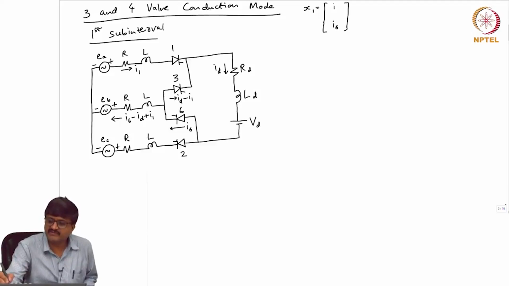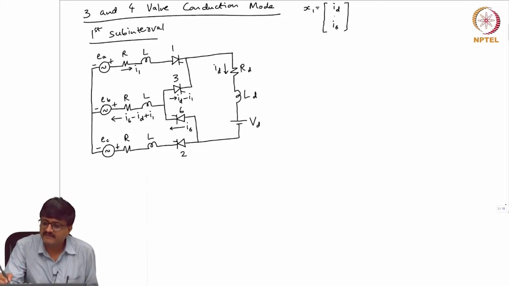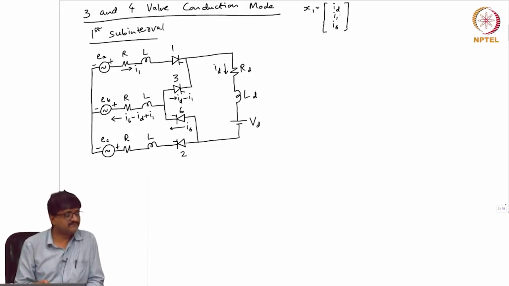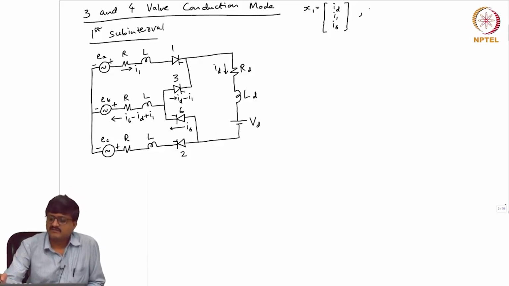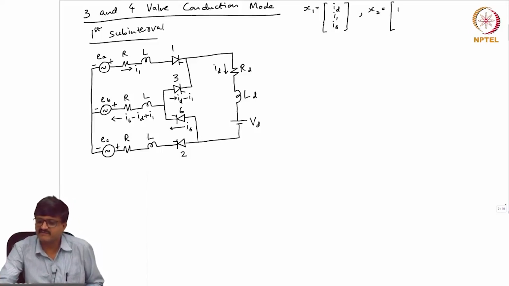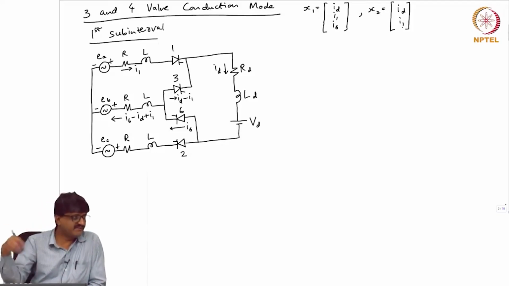The other 2 elements of x1 are ID and I1. So, this also gives x2 straight away. x2 is the same as x1 without the last element, that is ID, I1. Of course, x2 is applicable for the second subinterval.